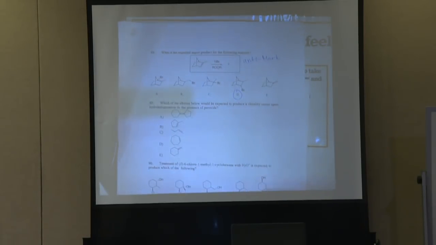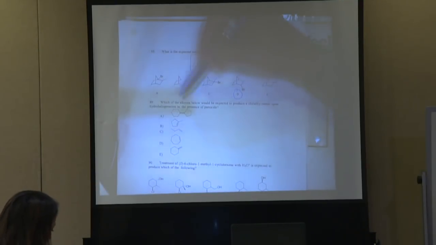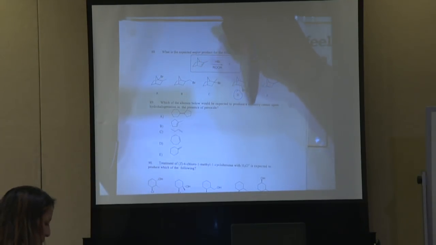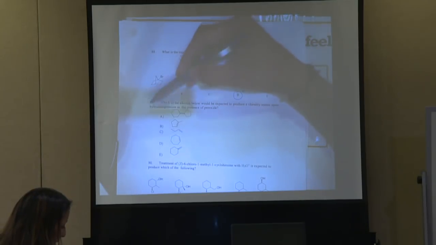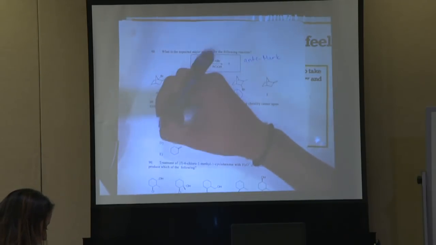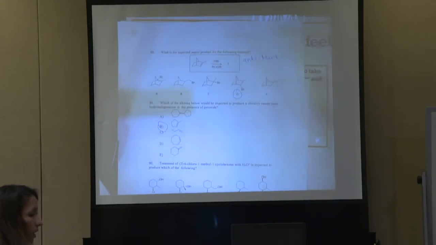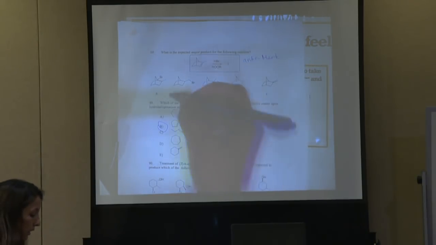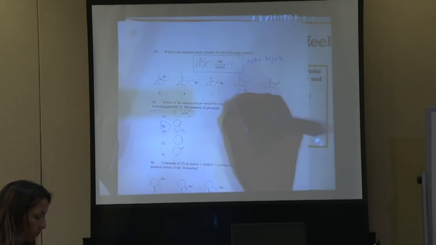All right, so 89. Which of the following alkenes below would be expected to produce a chirality center upon hydrohalogenation in the presence of peroxide? D? B? Okay. Everybody agree? Why? Okay, right? So we said hydrohalogenation, so it can be HBr or HCl, it doesn't matter.